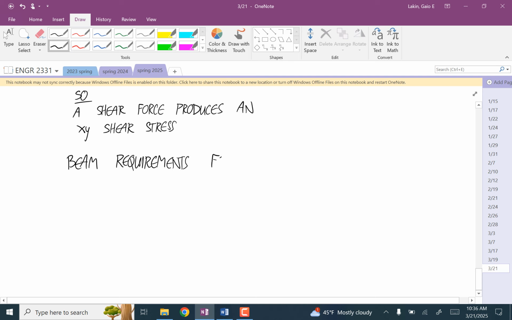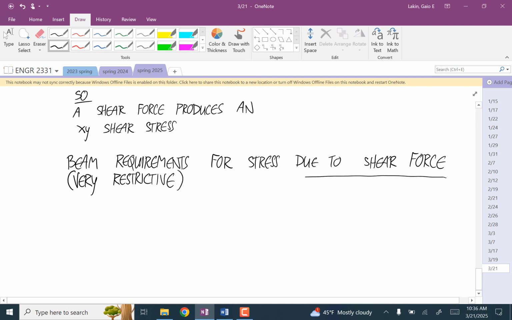So the beam requirements for the stress due to shear force, and this one is very restrictive. So we only have two possibilities.